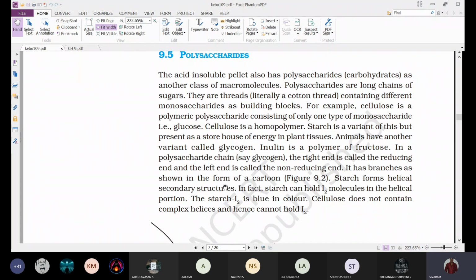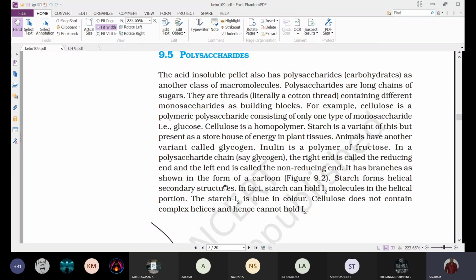That's why all these polysaccharides, starch, glycogen, cellulose, come under homopolymers, because they are made up of only one type of sugar molecule, glucose.